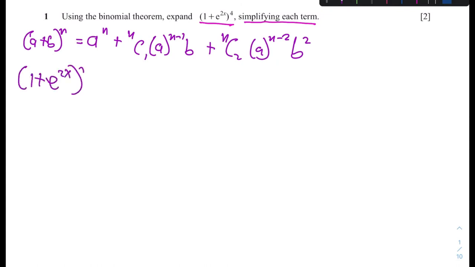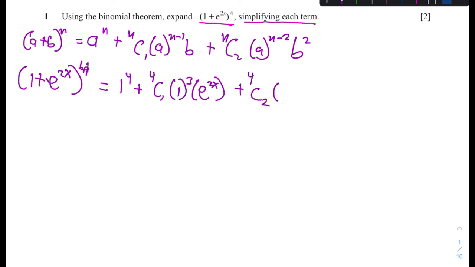So we have something like this, to the power 4, which means we are going to expand everything. So we have 1 to the power 4 plus 4 combination 1, 1 to the power 3, and then e to the power 2x. Then the next one, we have 4 combination 2, 1 to the power 2, and then e to the power 2x all to the power 2.